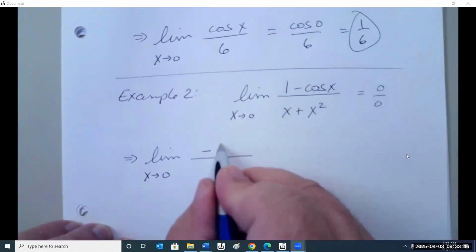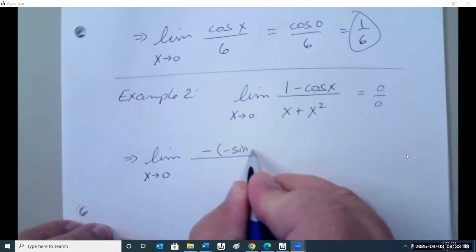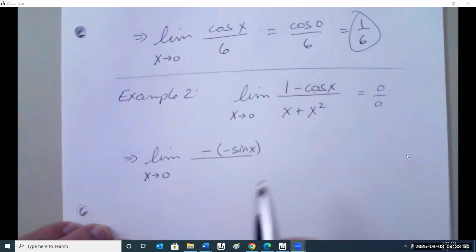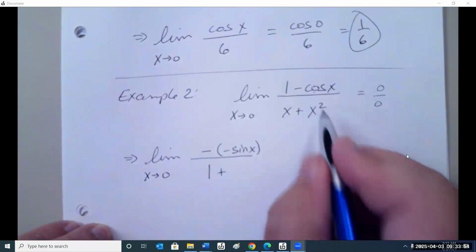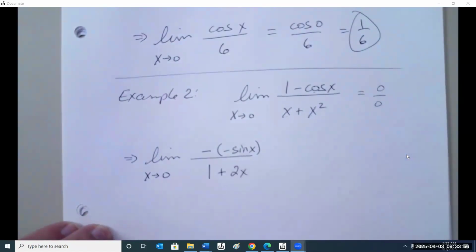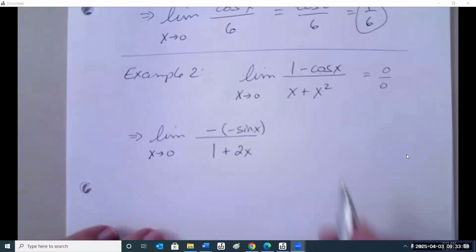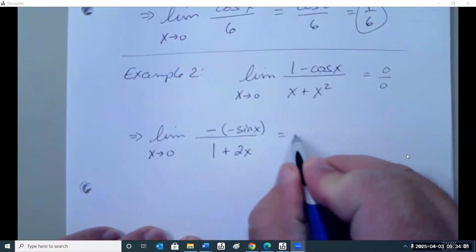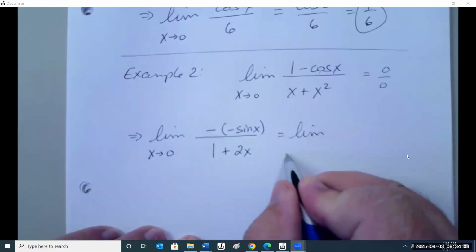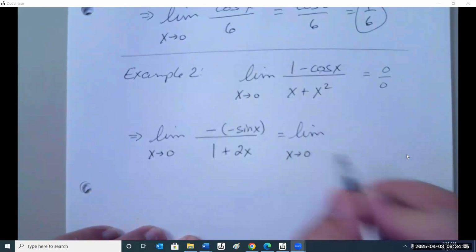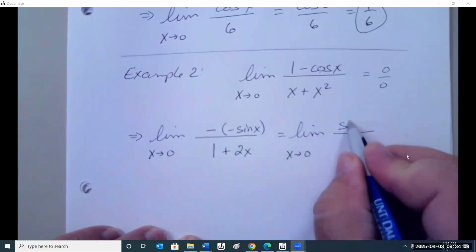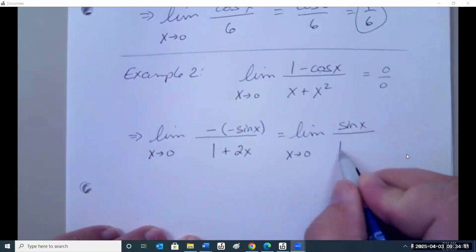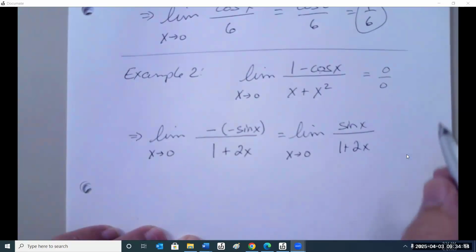Derivative of cosine is negative sine. Derivative of x is 1. Derivative of x squared is 2x. So it's positive sine x over 1 plus 2x.